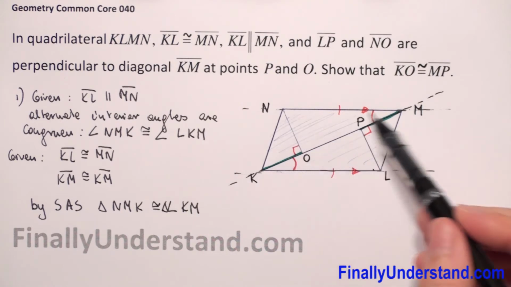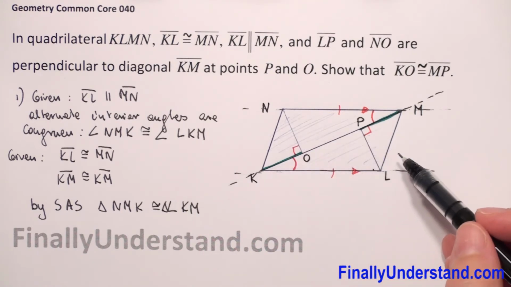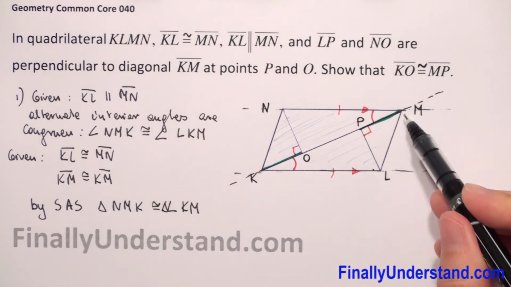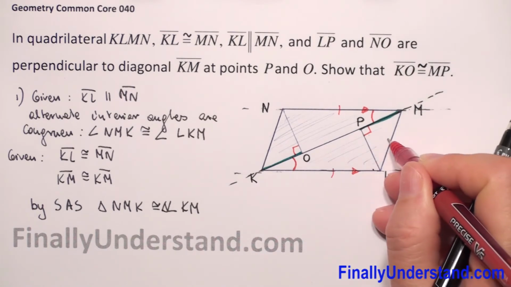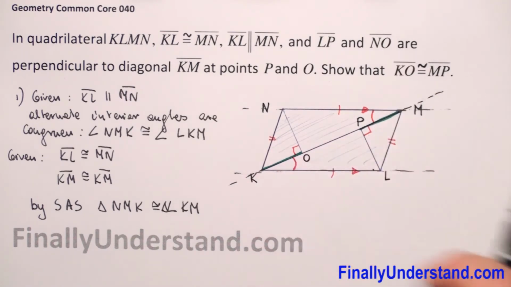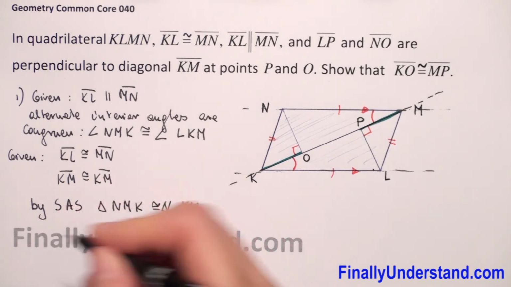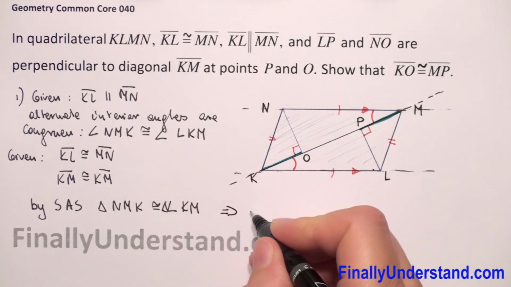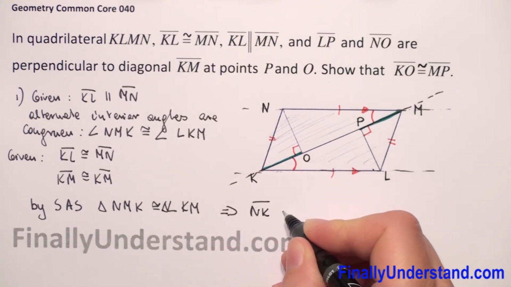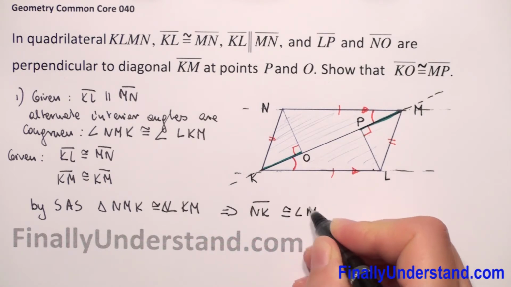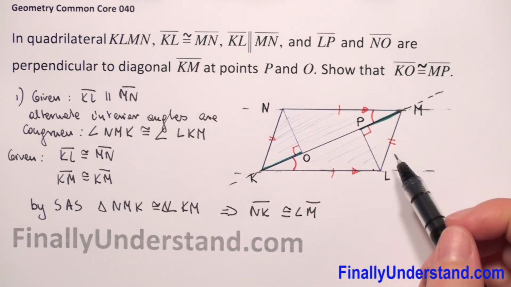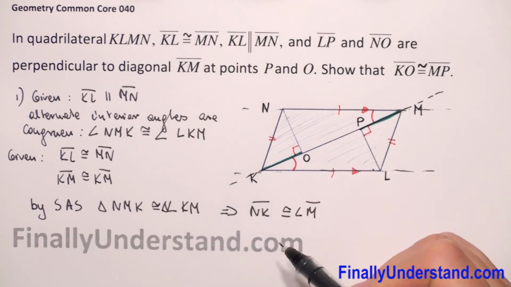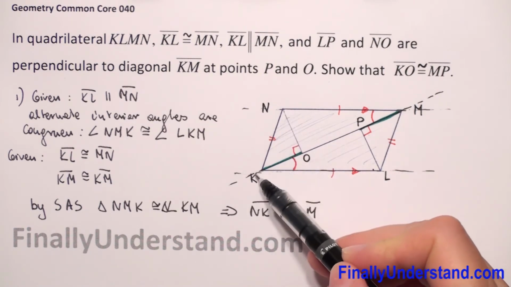So if these two triangles are congruent, it means that the sides NK and LM are congruent. Because these two triangles are congruent, we have that NK segment is congruent to LM segment, and also the angle LMK is congruent to angle NKM.